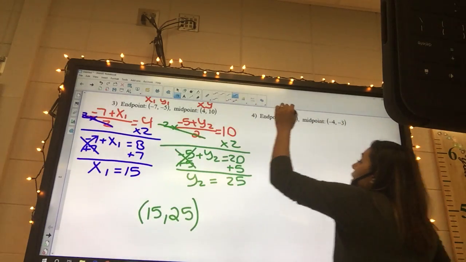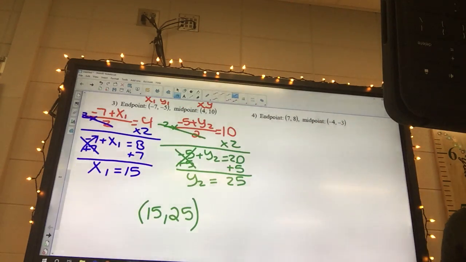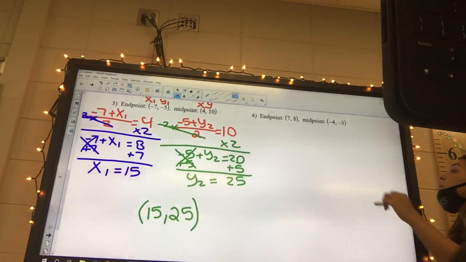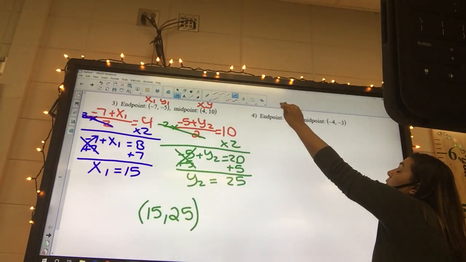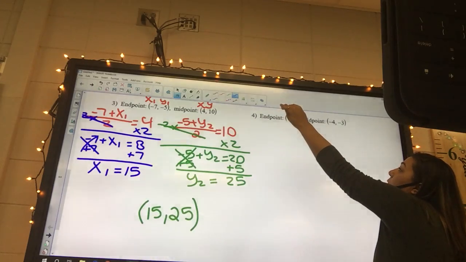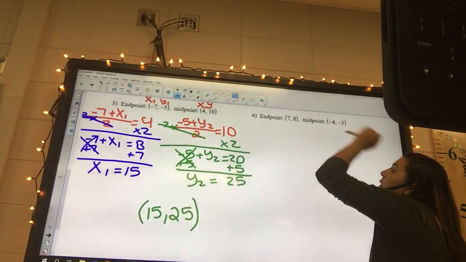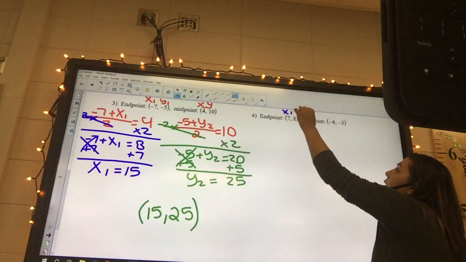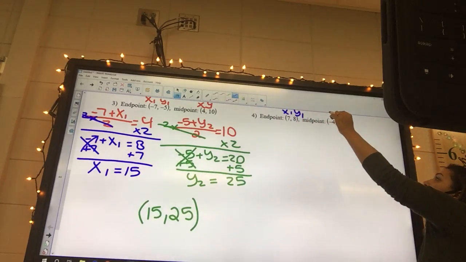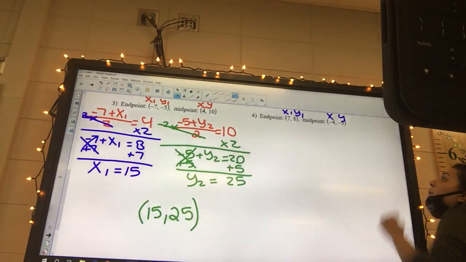So on this one, same thing. How do we label these? Label them first. x1, y1. X and y.